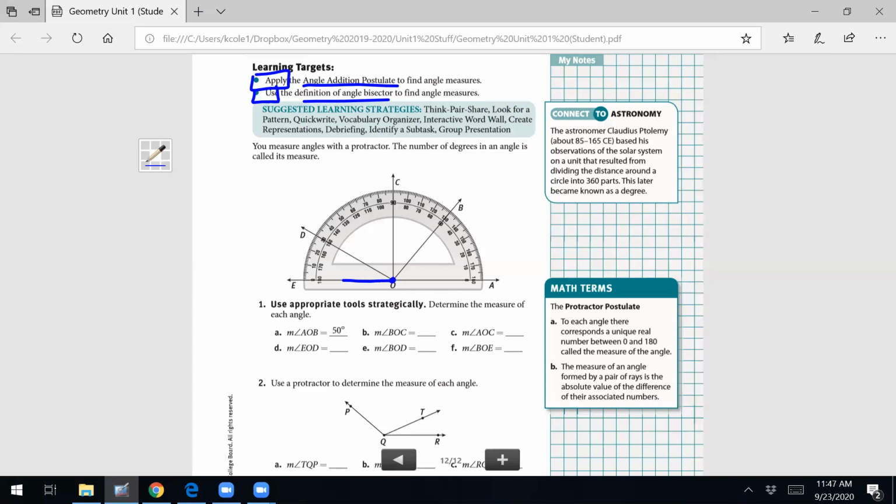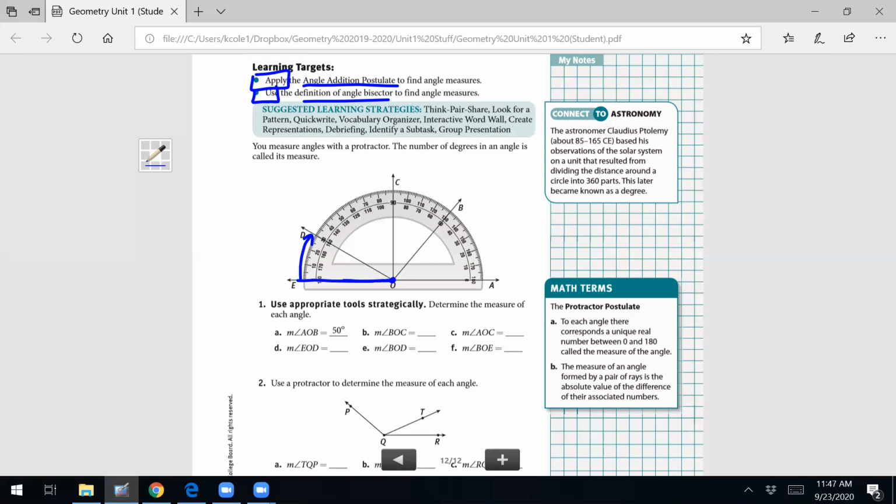You'll line the line up with a ray of the angle. So you take one of the rays, line the 0 up with that ray, and then you'll be able to see how many degrees until it gets to the other side of the angle or the other ray.